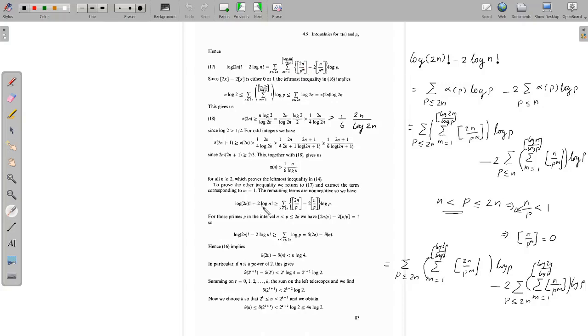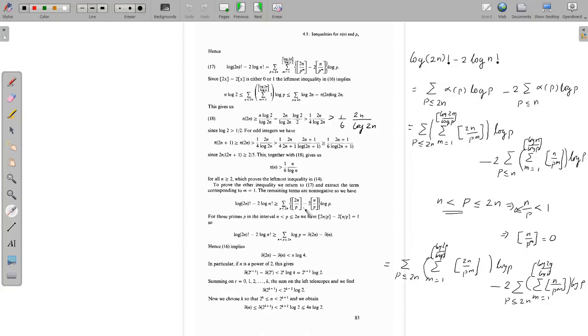Log 2n factorial minus 2 log n factorial will be reduced to this one, or it is decreased to this quantity. This is because we take only one term from this sum; all the terms of the sum are non-negative, so if we neglect all the terms but one, we get this inequality.